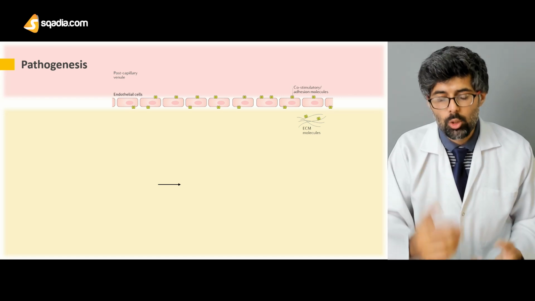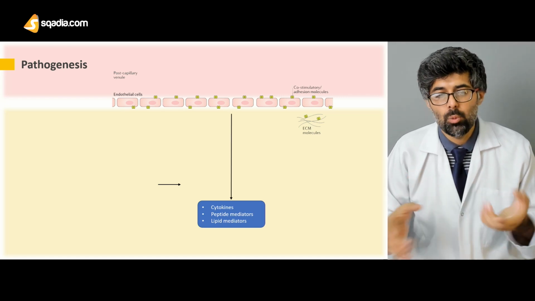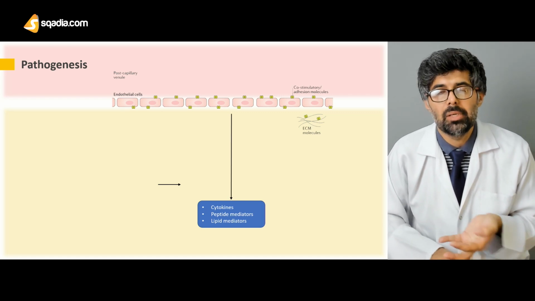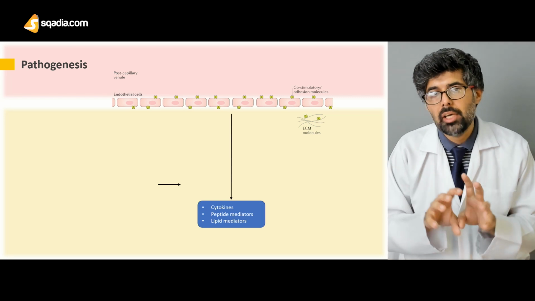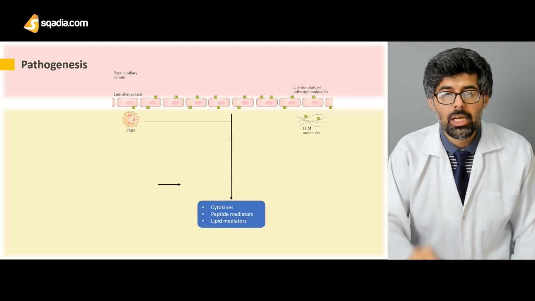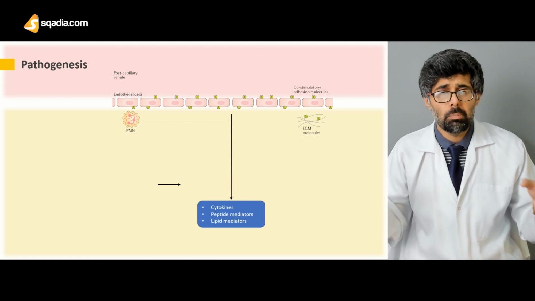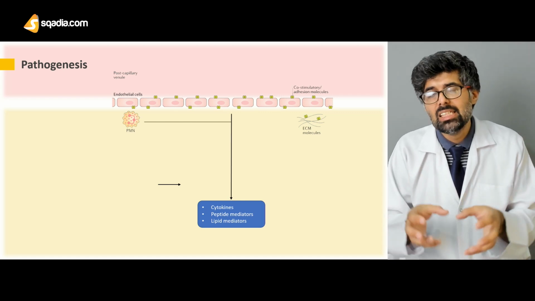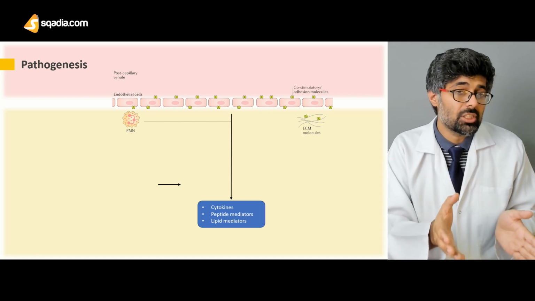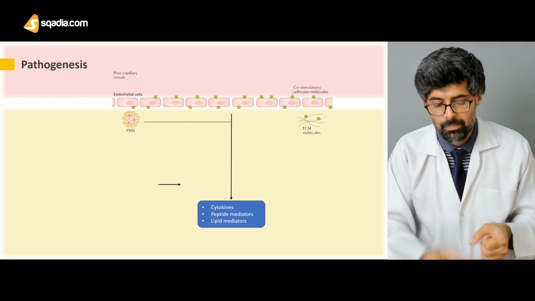But either way, because of the injury, there is a release of cytokines, peptide mediators, and lipid mediators, all kinds of cytokines and chemokines are released, and because of this there is recruitment and infiltration of a multitude of cells, and these cells include the PMN, or the polymorphonuclear cells, which are kind of like progenitors of the neutrophils.